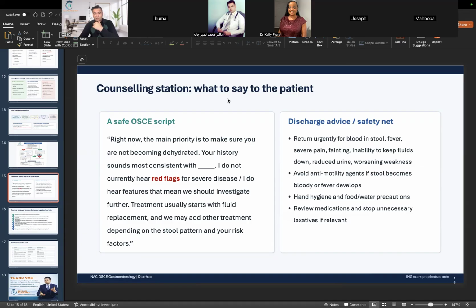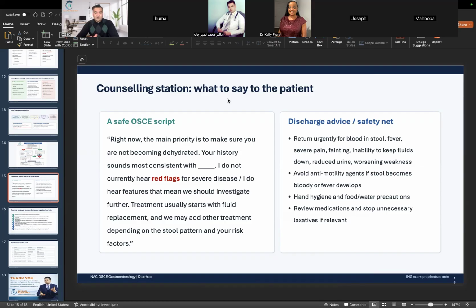In the counseling station, we have to educate the patient on what type of diarrhea the patient has. What are the steps that we need to take in order to control the diarrhea? And what are the steps that we need to do right now? And what are the steps that the patient has to take in order to control it? And the patient has to remember that if certain things happen, they should come back immediately to the hospital or seek medical attention right away.